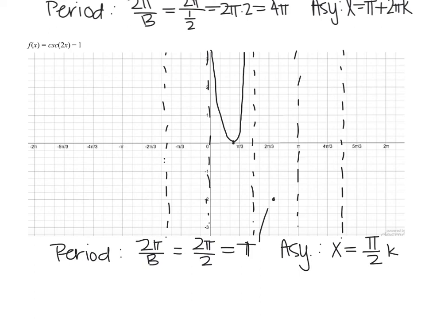And we'd have the bottom half of our graph. And this repeats for every period, between every asymptote, I should say. And we get our cosecant.